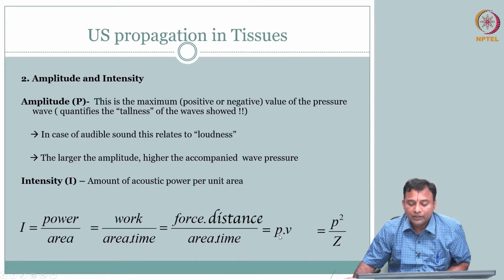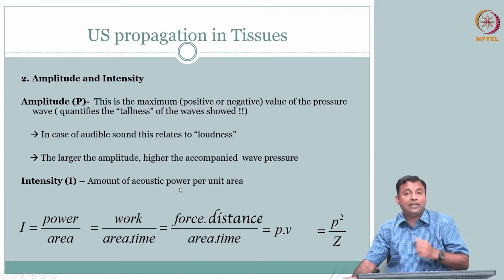So using that definition, we can change the velocity as P by Z. So you get P square by Z. So your intensity is pressure square by Z. Intensity is the square of your amplitude divided by Z, your impedance.